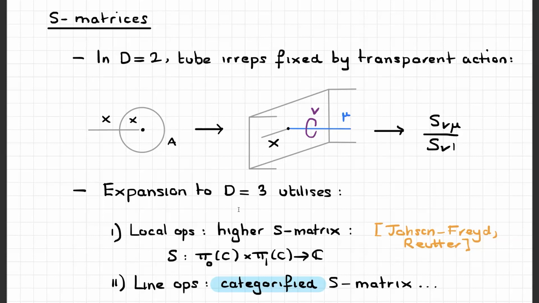There are examples where, if you just look at twisted sector local operators in 3D, it's captured by a higher S matrix, which was studied or will be studied in some work of Johnson-Freyd and Reutter. But in general, I think you need even more fancy things involving categorified S matrices to do this, and that's something we're trying to understand.